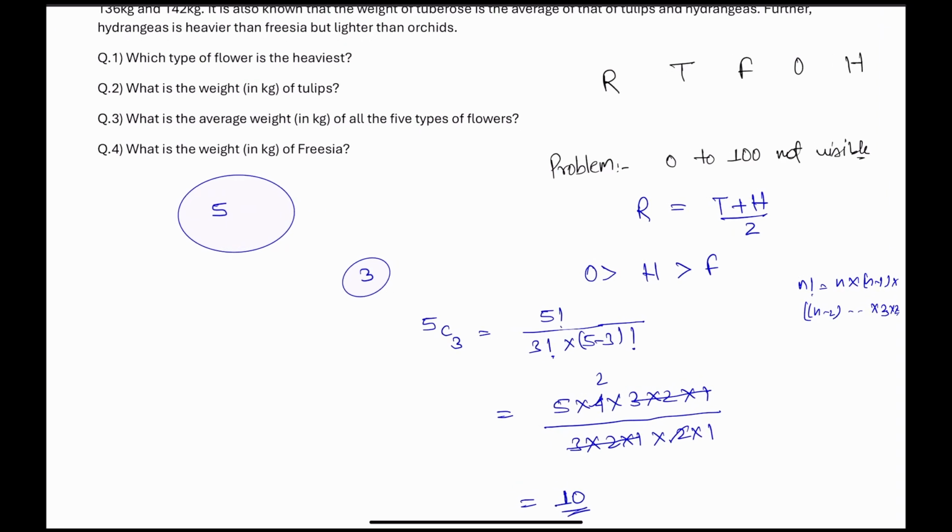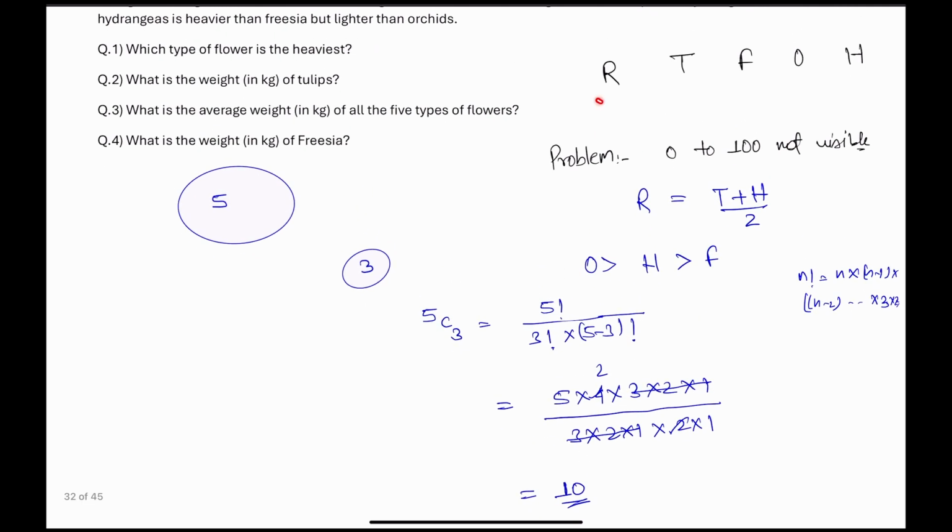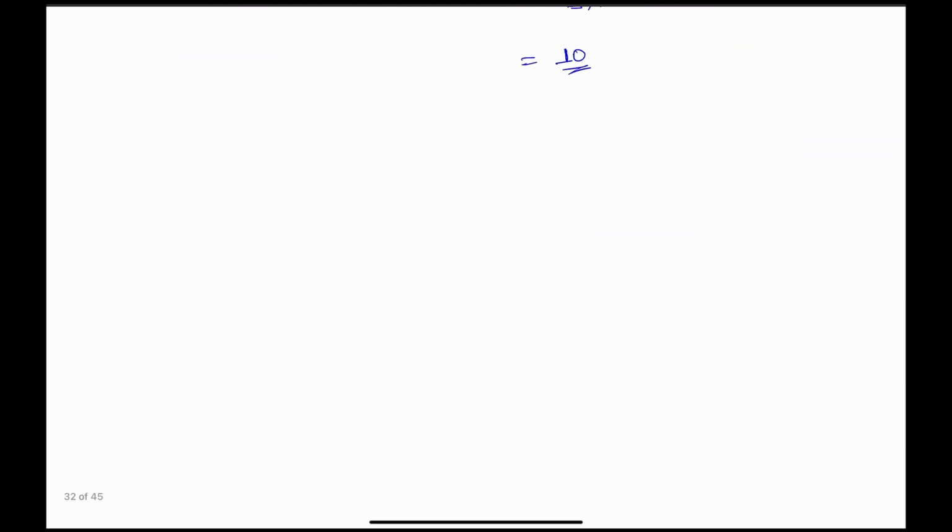Let's take an example just for understanding. Suppose we have 5, 6, 7, 9 and 3, these many chocolates.